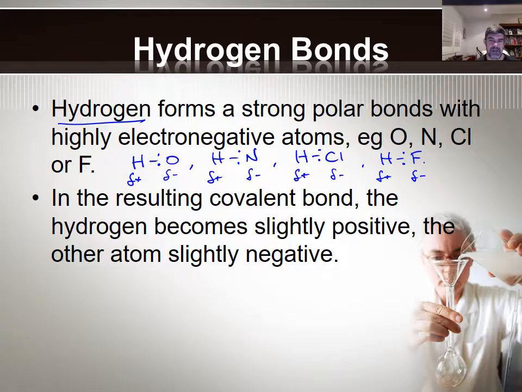Now of course this is something that's important when we're looking at what's happening between the molecules, and that's where these hydrogen bonds are coming. So the resulting covalent bonds that form between hydrogen and each of these creates this polarity.